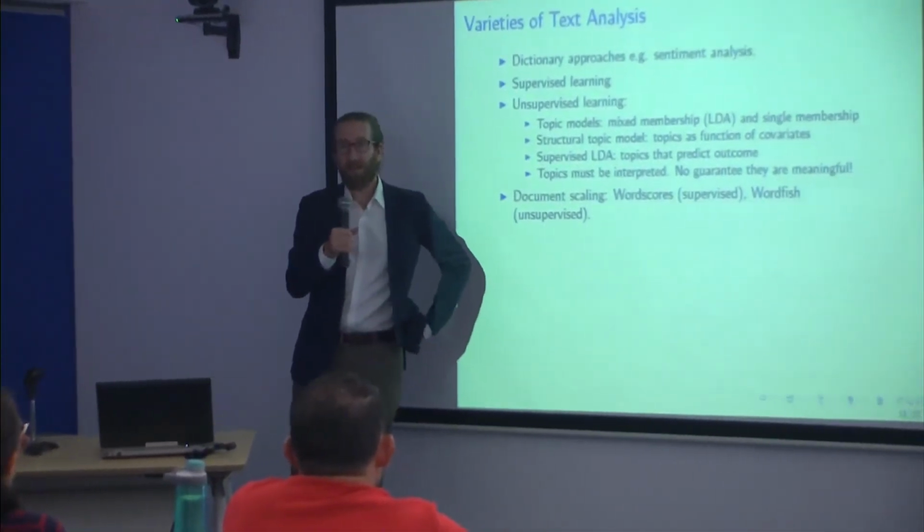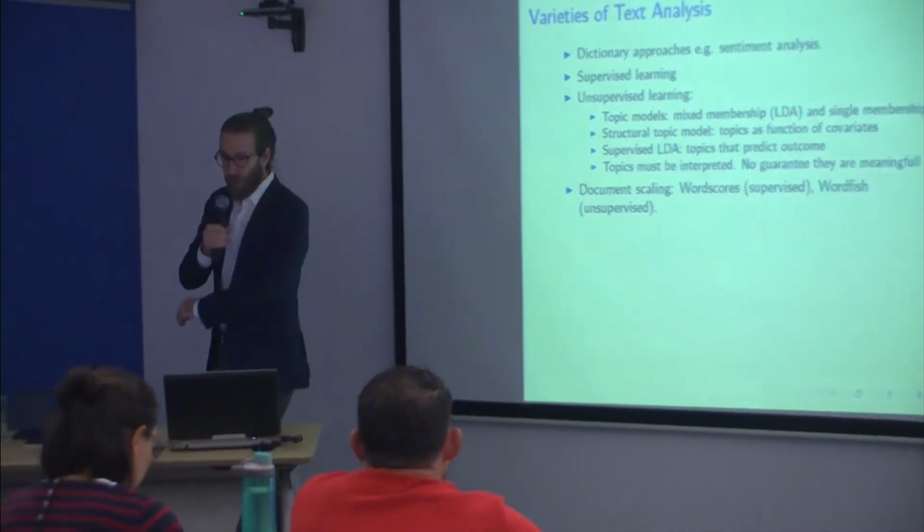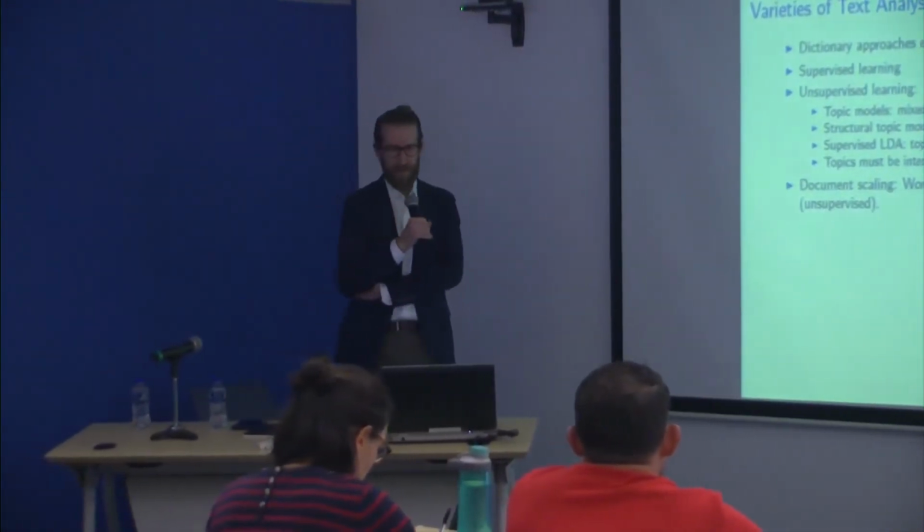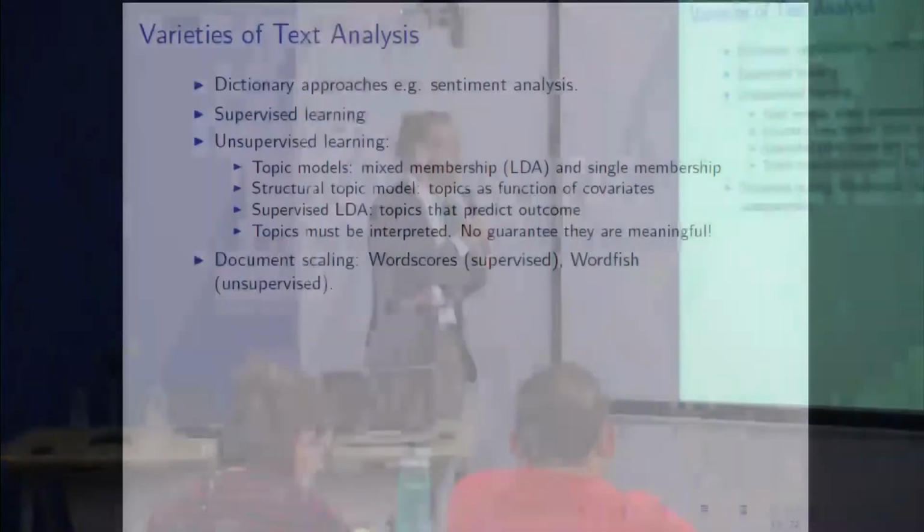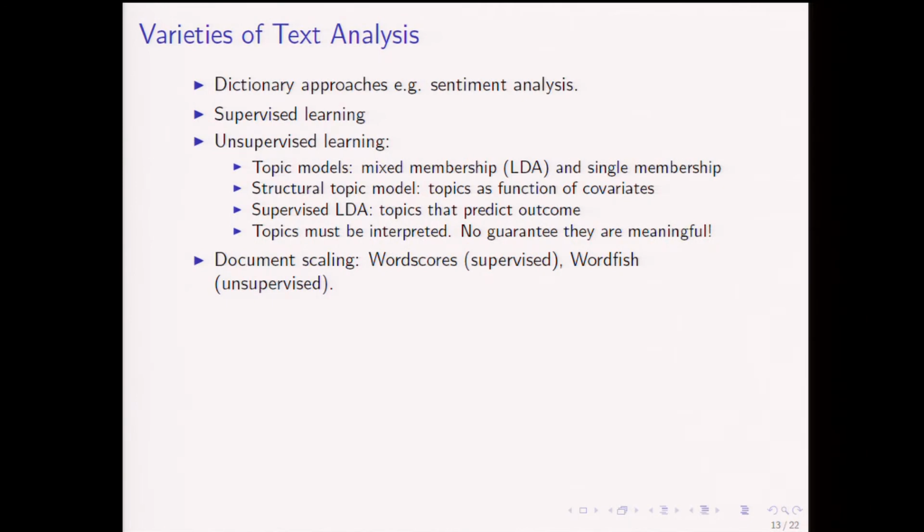Unsupervised learning. This is where unsupervised learning is most useful, I think, for text. And this is where the tools that I've used the most, and I'll show you a bit about on the next slide. Topic models. Topic models are models for categorizing texts into topics.